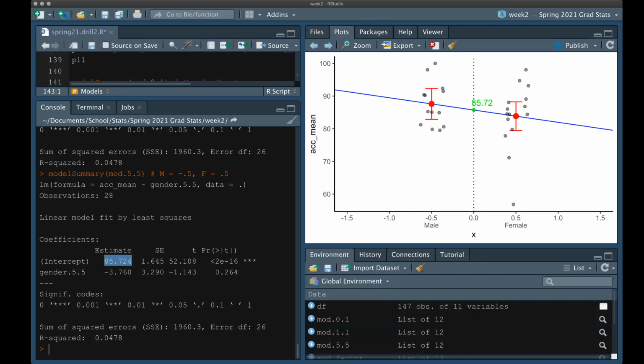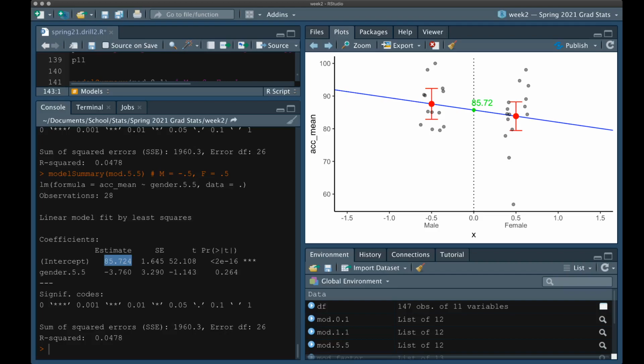But notice that where x equals 0, it's no longer males. The group male is no longer at 0. So 85.72 is no longer the mean of a specific group, but rather it's exactly halfway between the two groups.